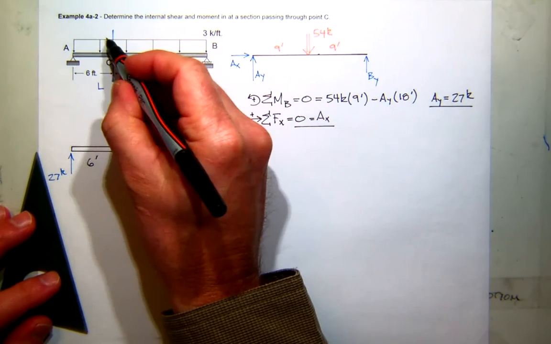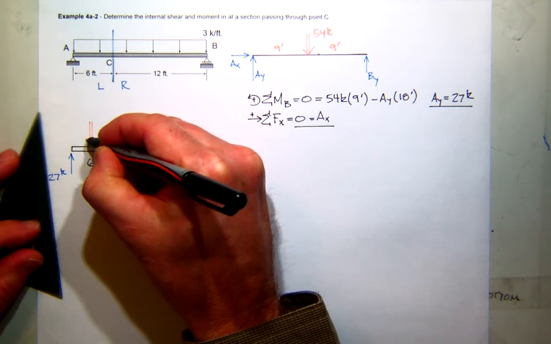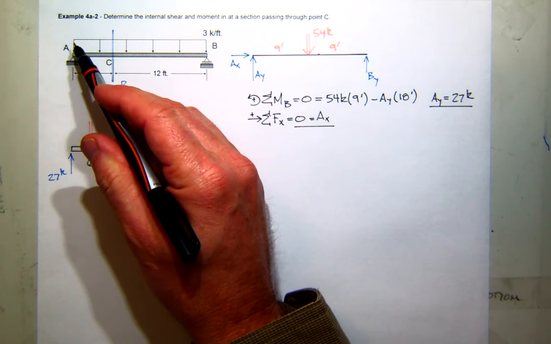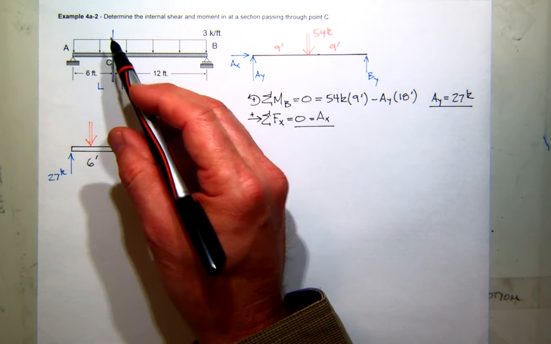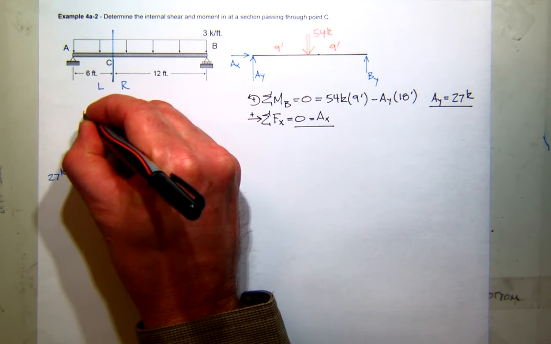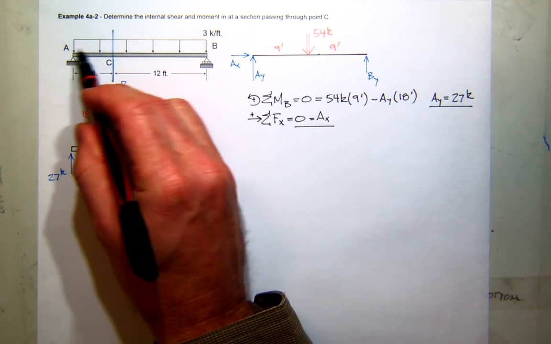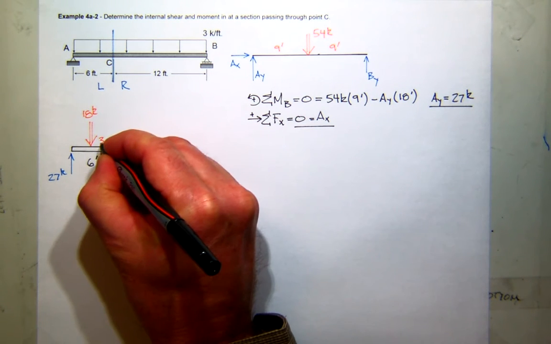I'm going to replace this part of the distributed load with a concentrated equivalent. So that force will be the area of this part of the curve. Base is 6 feet, height is 3 kips per foot, so that's going to be a force of 18 kips. It'll be in the center of this in the x direction, which is half of 6, so that'll be 3 feet.